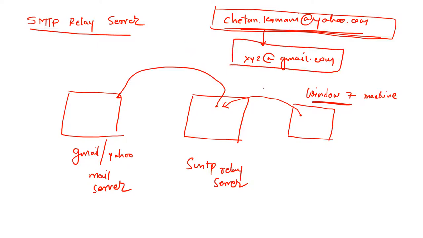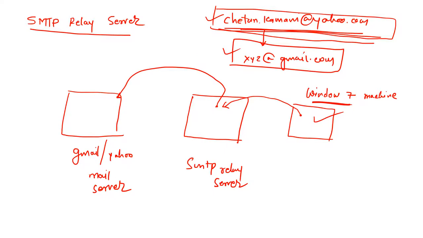So I will use an SMTP mail client on the Windows 7 machine, and in that mail client, in the from part I have to add chetan.kamani@yahoo.com, and in the to part of the email client I have to use xyz@gmail.com.